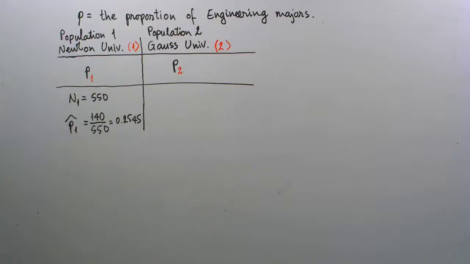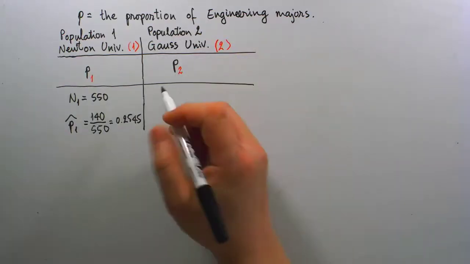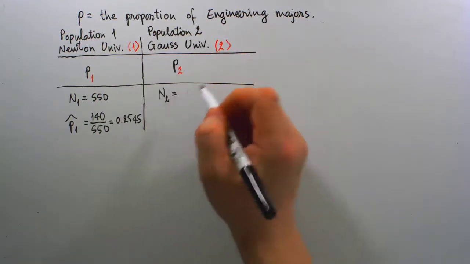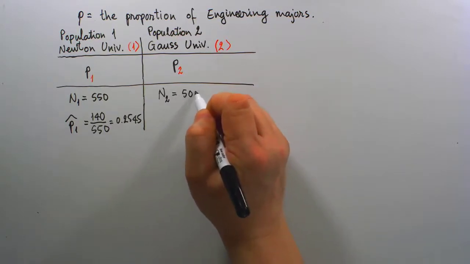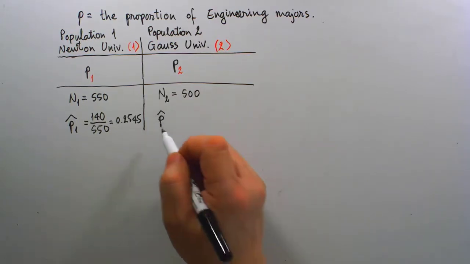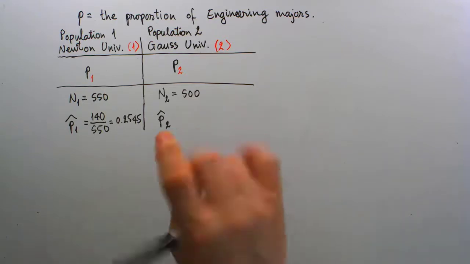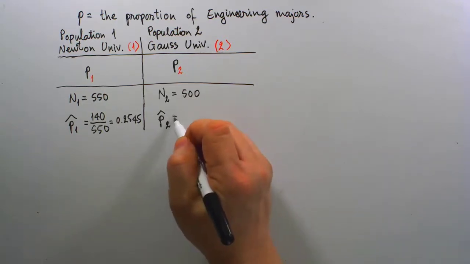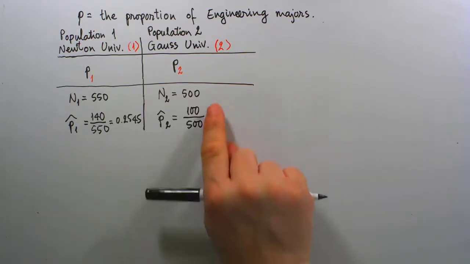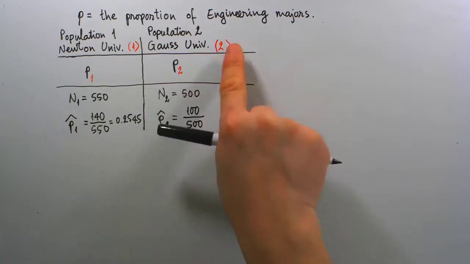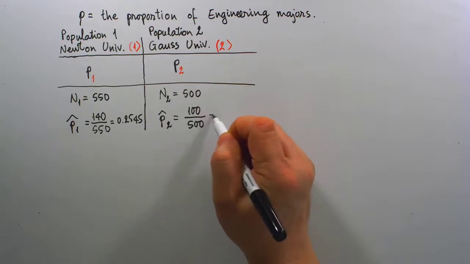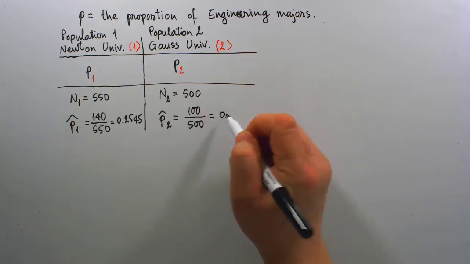So any sample size from population 2 is as large as 500, and the sample proportion that we have found, I call p hat 2, is 100 out of 500. But again, this is only a sample proportion. It came out from population 2, so it gets that subscript 2. In decimal, this is exactly 0.2.